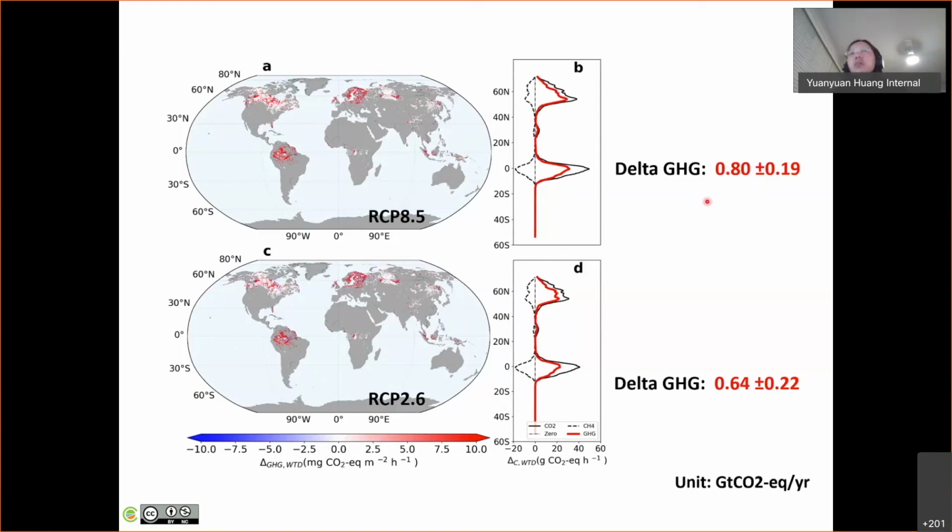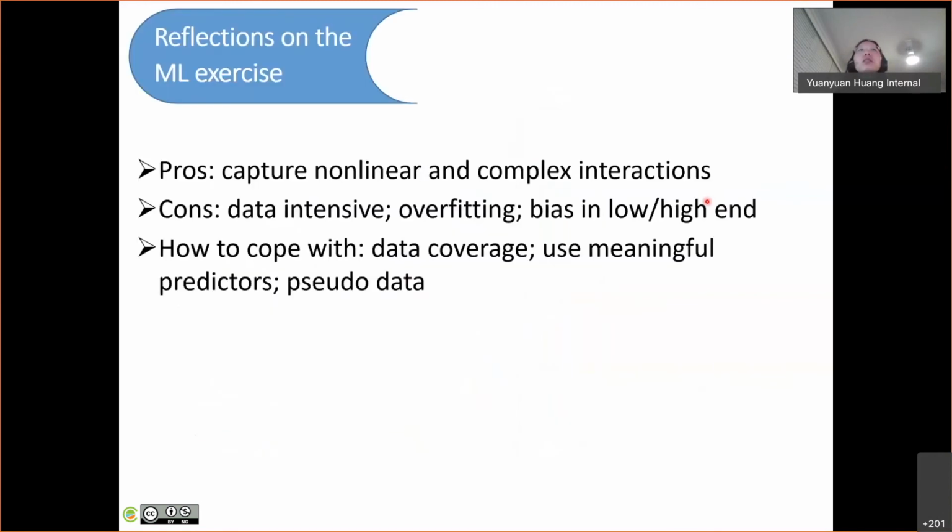That's a positive feedback. In order to stop that positive feedback, we need to preserve pristine wetlands and restore drained peatlands. This is a small exercise I explored through machine learning.